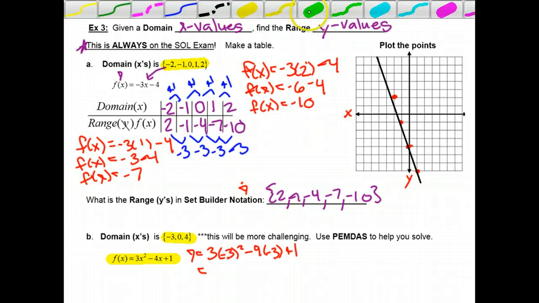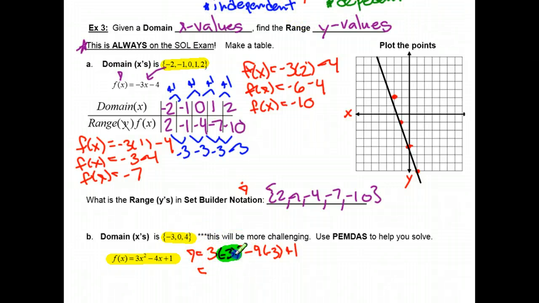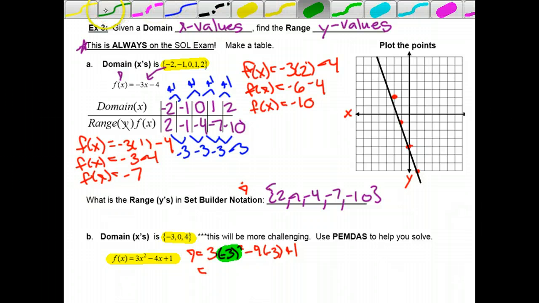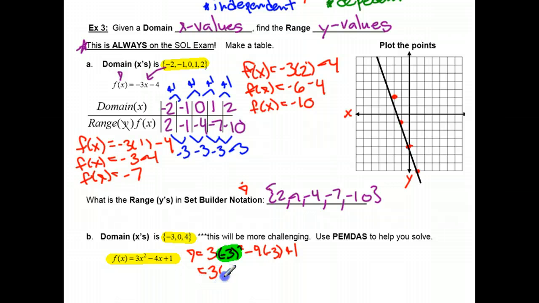Based on my PEMDAS, I should do my exponent first, right? There's no parentheses to do, so I'm going to go to my exponent. So I'm going to bring this -3 down. And if I punch it in my calculator exactly with the parentheses, it's going to be +9. If you do it without the parentheses, it's going to be -9. It's going to throw everything off. Alright? So I'm going to bring everything else down. All I did was the exponent.